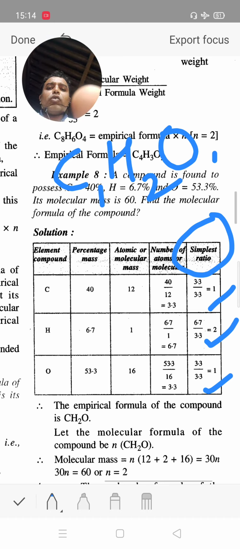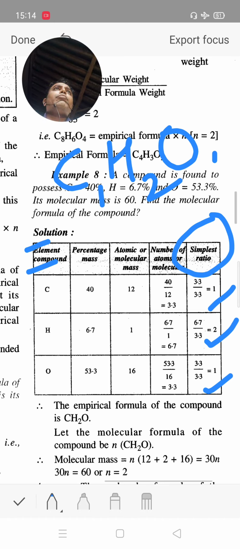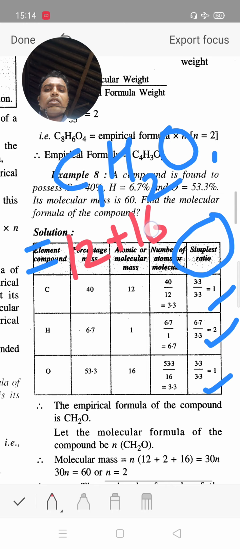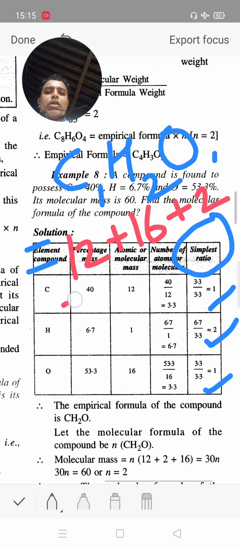On this empirical formula, we calculate the empirical formula weight. Carbon 12, oxygen 16, hydrogen 1 into 2 is equal to 2. Then the total empirical formula weight is 28 plus 2, which means 30.